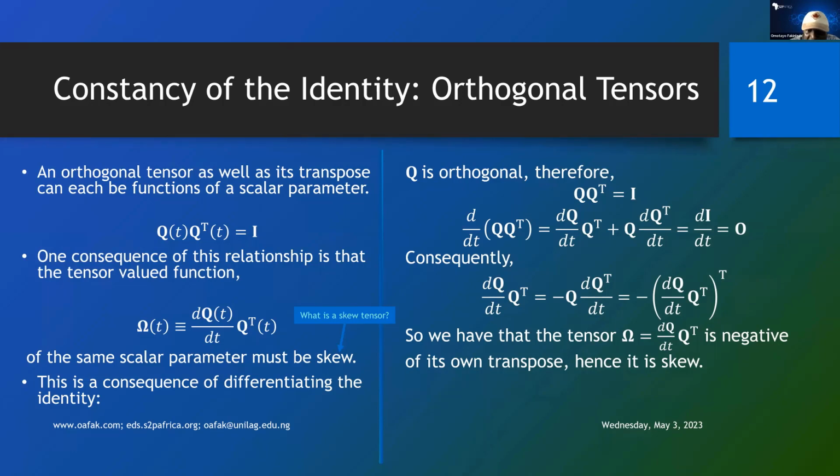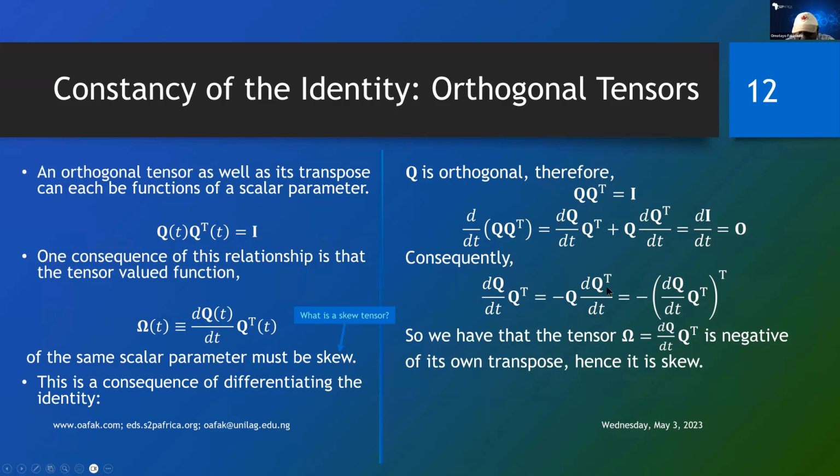Since QQ^T is equal to identity, that is the definition of the orthogonal tensor Q. So if you differentiate this product, you first differentiate the first one and take the second as is, then take the first one and differentiate the second. Since the product is equal to the identity, it is simply a differentiation of the identity, and gives you the annihilator tensor. Again, that means this equation is equal to the 0 tensor.